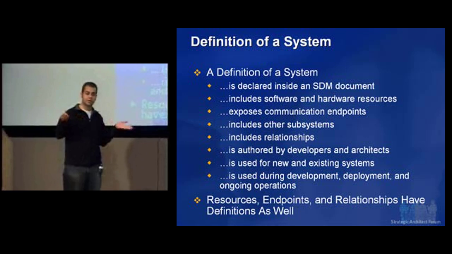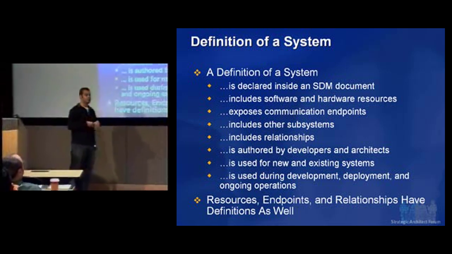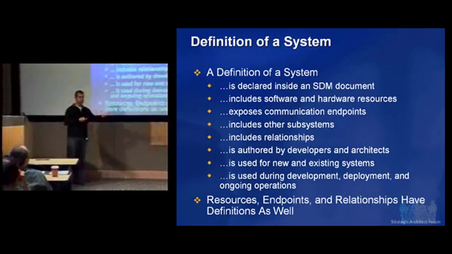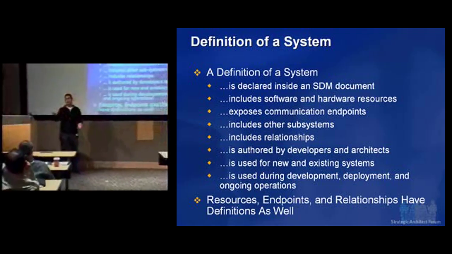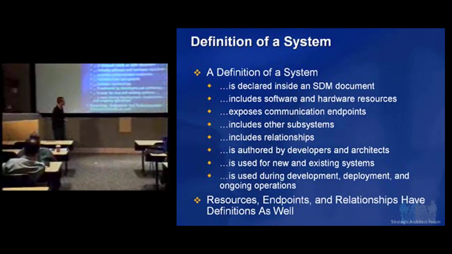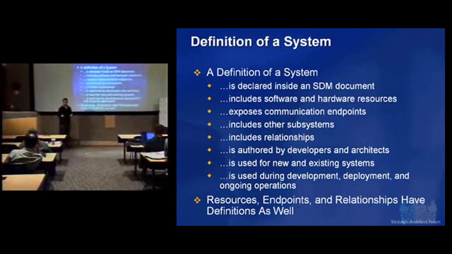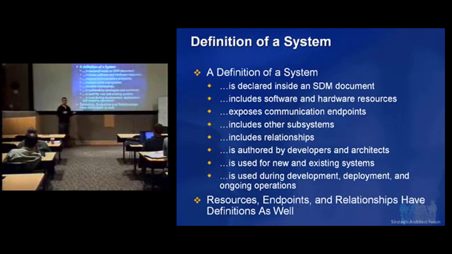If I'm talking about a larger scale system, I can typically talk about this system as composed of software pieces, the storefront, communicating to other things, and hardware pieces. So those are the basic constructs that I use to build systems. I can build systems out of other systems or subsystems. Each has the definition, and I could use these definitions to compose larger systems infinitely.